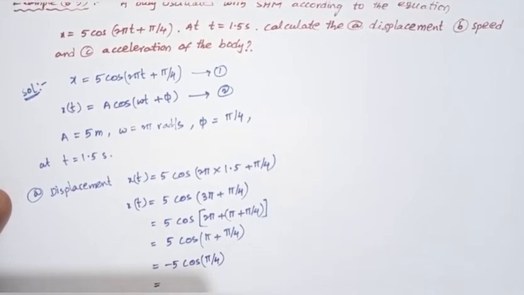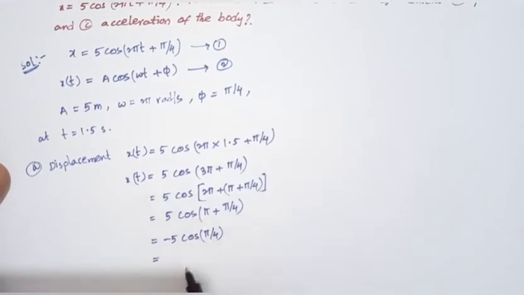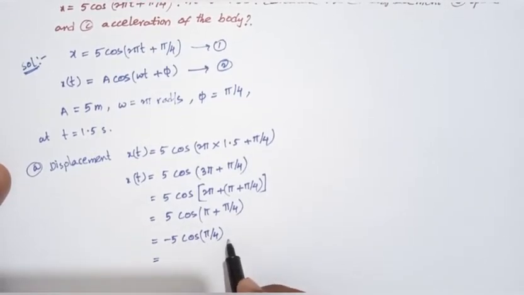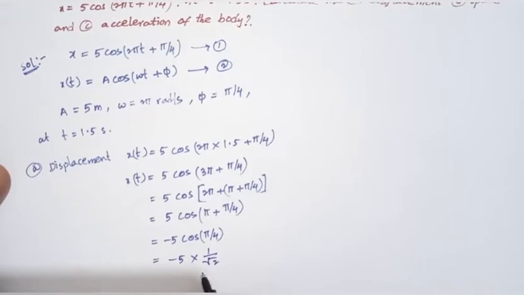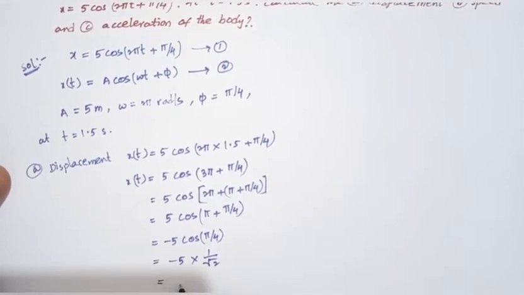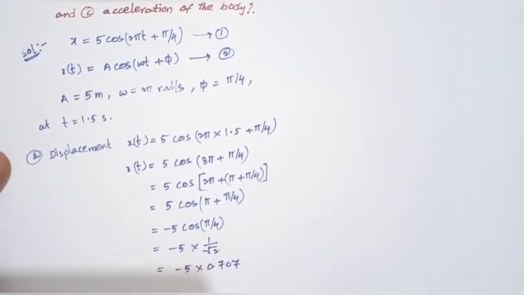Here, cos(π/4) equals 1 by root 2, so minus 5 into 1 by root 2, that equals minus 5 into 0.707. So what is the value?